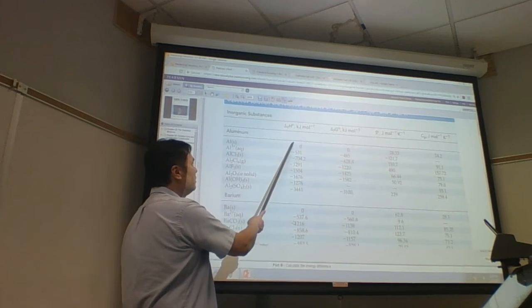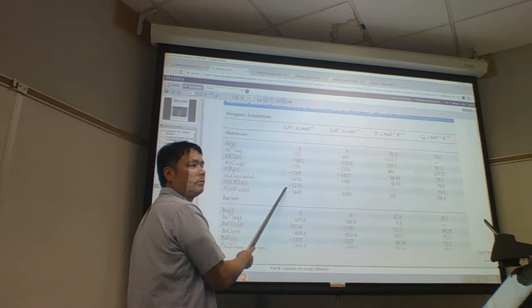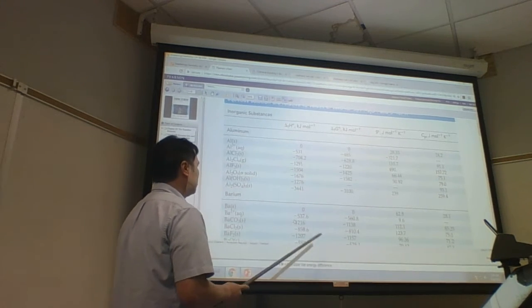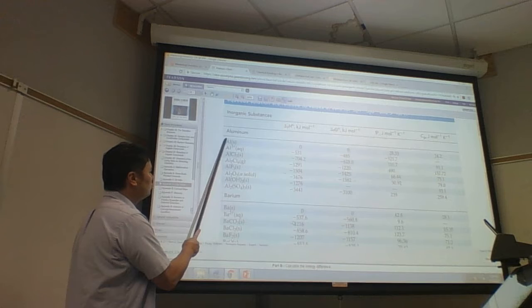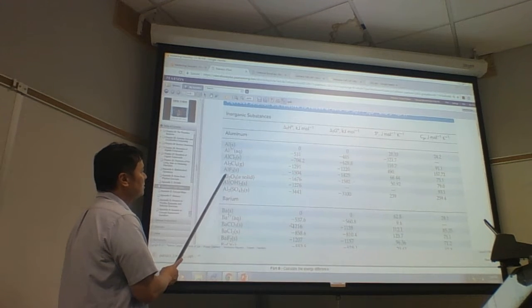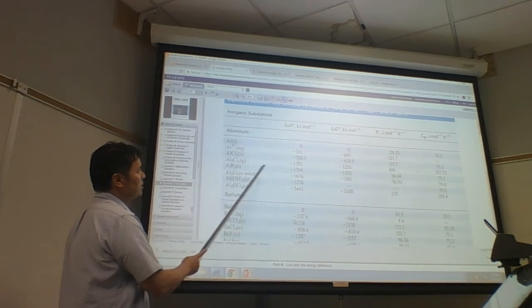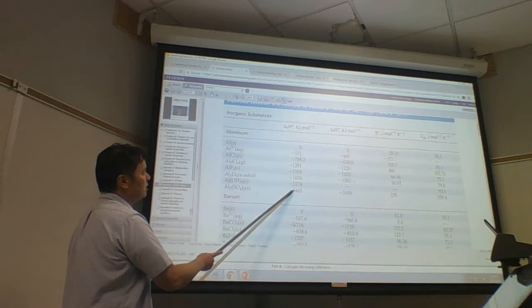They only give you the delta H for the reaction. And since it's only one type of reaction, it's always the formation of 1 mole of substance. These are the substances from the elements in their standard state, and these are the energies, the delta H involved.